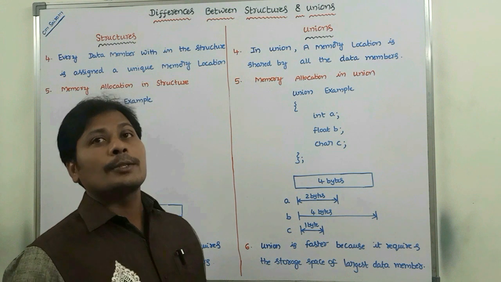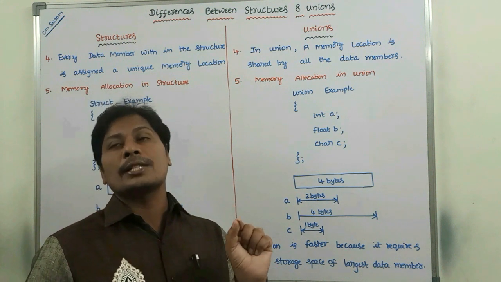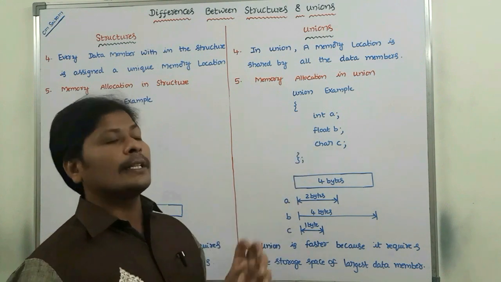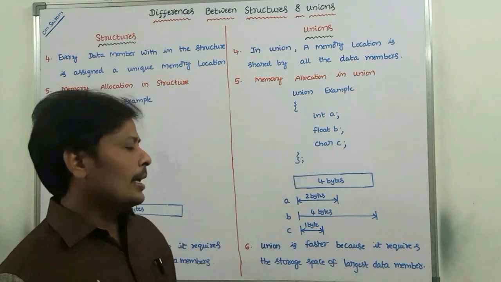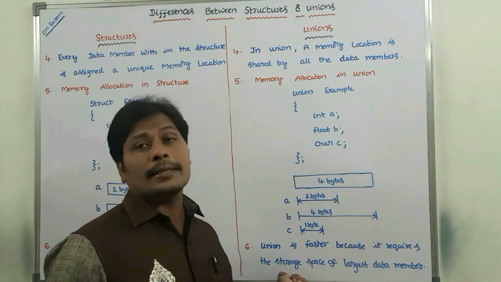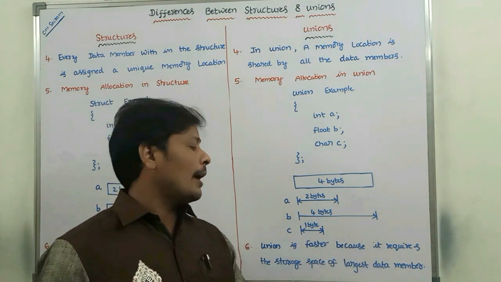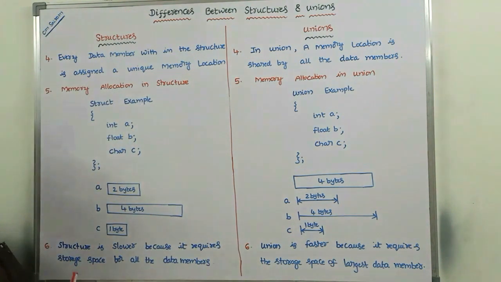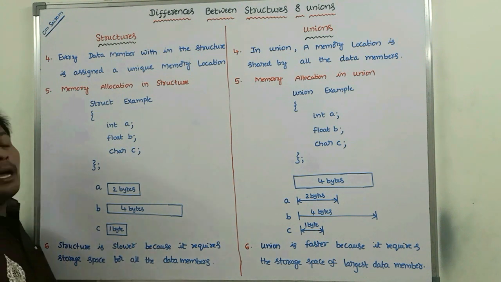That single memory location is occupied by the largest data member. So union is faster because it requires the storage space of the largest data member, whereas structure is slower because it requires the storage space for all the data members in the structure.